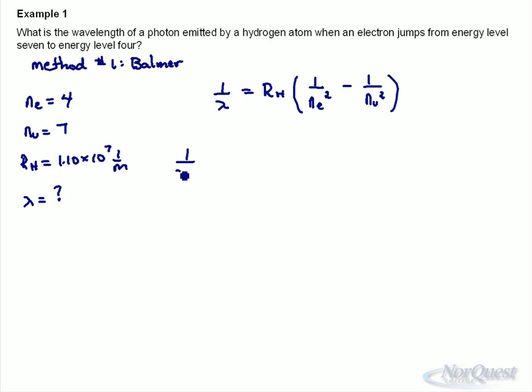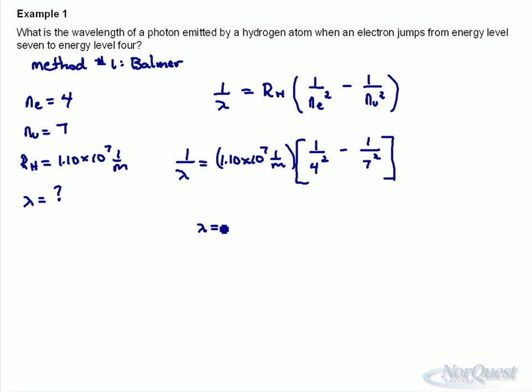So if you punch this in, 1 over lambda equals 1.10 times 10 to the 7, 1 over meters, times 1 over 4 squared minus 1 over 7 squared. Punch this in and then take the reciprocal. I'll describe it here.